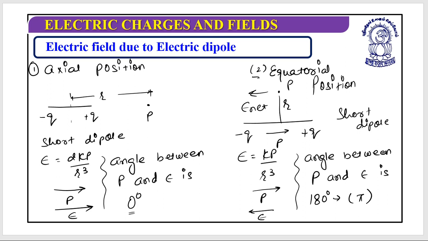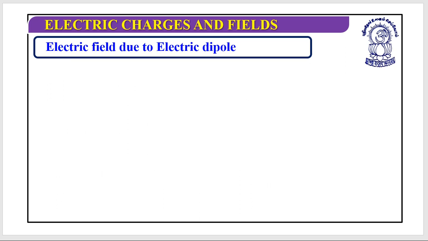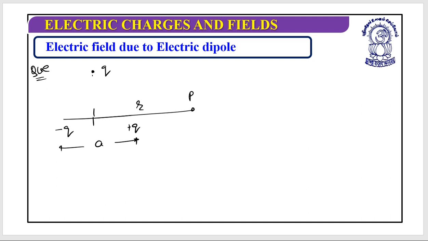So can we move to the numericals of this? Let's say I have been given this question: this is a dipole, this is minus q, this is q, and their separation is a. This is the midpoint. They have given this location at distance r, and this location is P. They have given a different location, which they have named Q. Again, this separation is r.